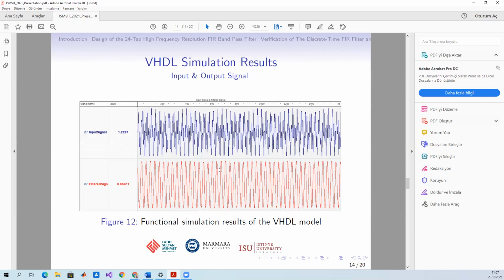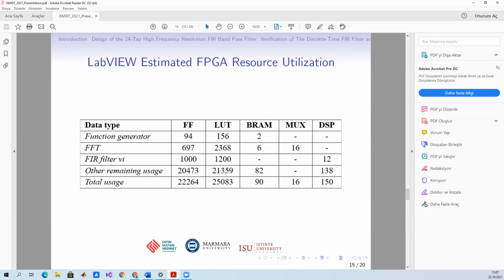So we gave the LabVIEW estimated FPGA resource utilization. We see that LabVIEW uses more resources than the FPGA platform, and I try to give some information about the LabVIEW parameters: function generators, FFT, and FIR filter VIs are given in the LabVIEW parameters, along with the other remaining usage.